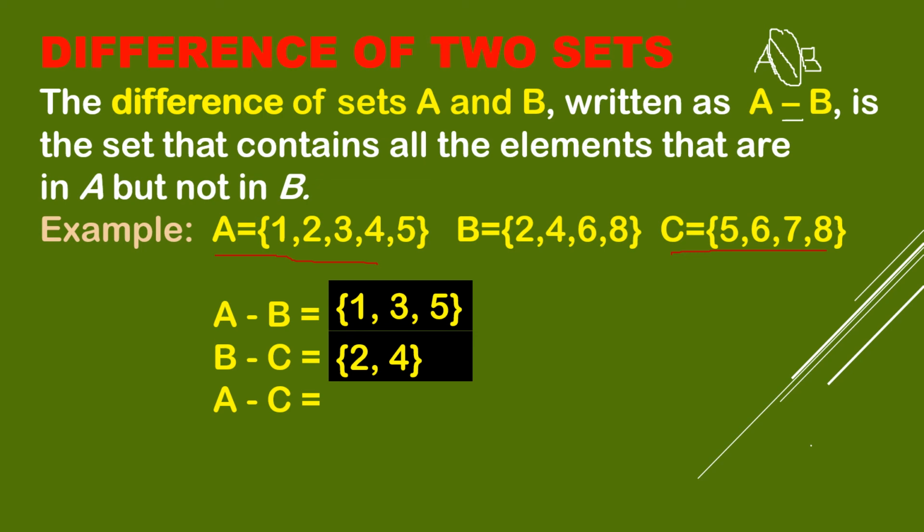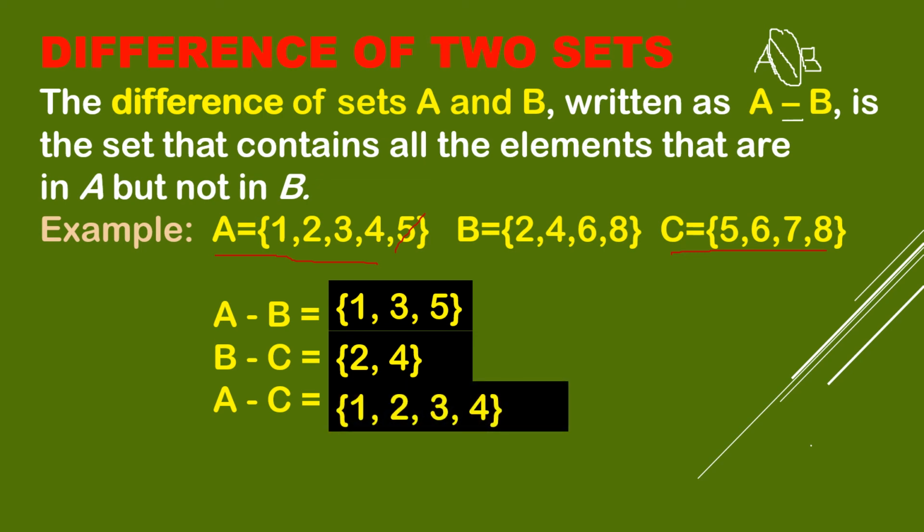Tatanggalin natin lahat ng elements ni C na nakay A. May 5 ba? Yes, meron. Tanggalin natin. 6, meron ba? Wala. 7, wala na. 8, wala din. So, ano ang natira kay set A? We have 1, 2, 3, and 4. Nakuha nyo na ba, class? Madali lang, di ba?